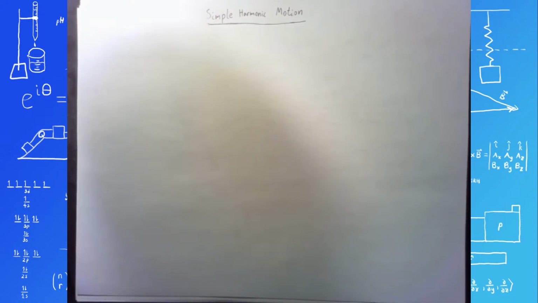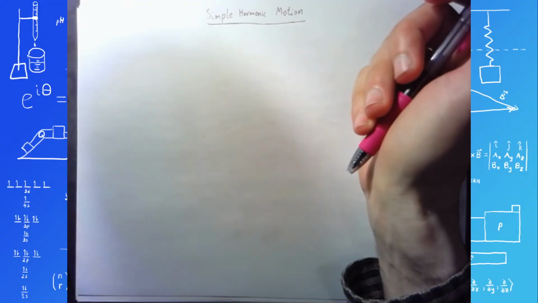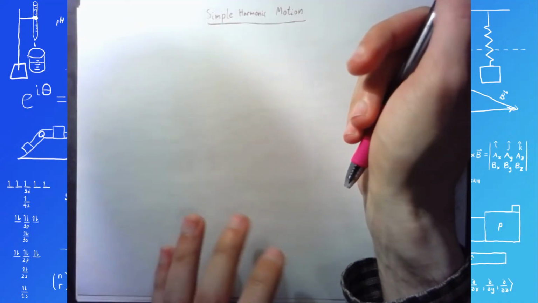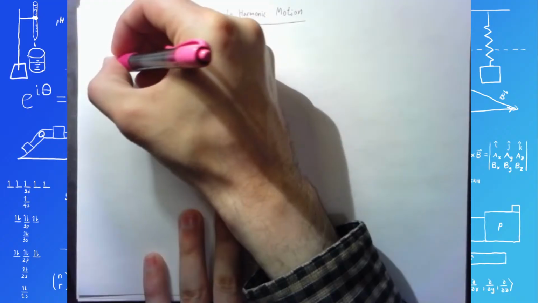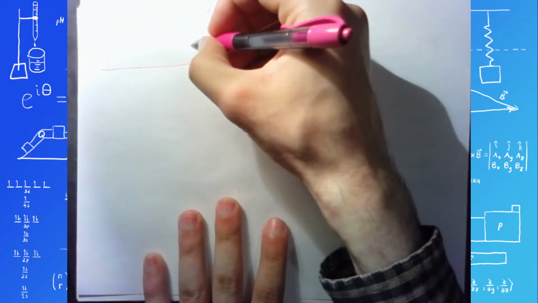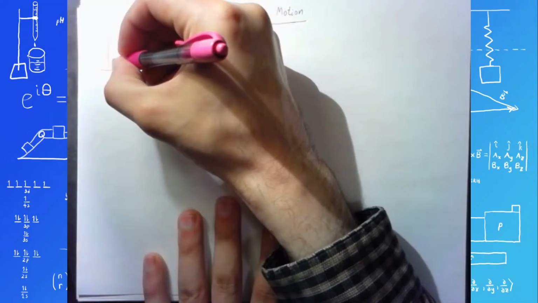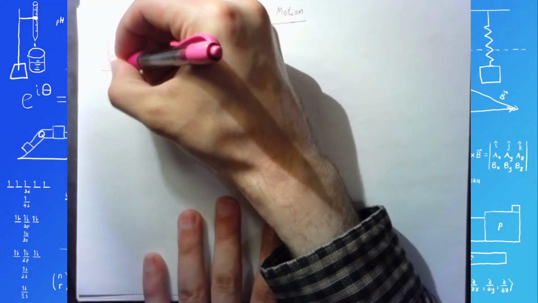So basically, it's a type of motion that repeats. It's this sort of back and forth motion that repeats, and not all repeating motion is simple harmonic motion. For example, you might have a situation where there's a rubber ball that bounces back and forth between two walls.